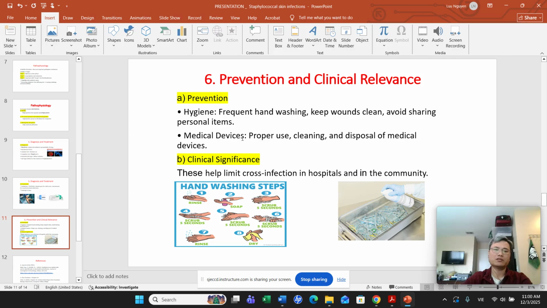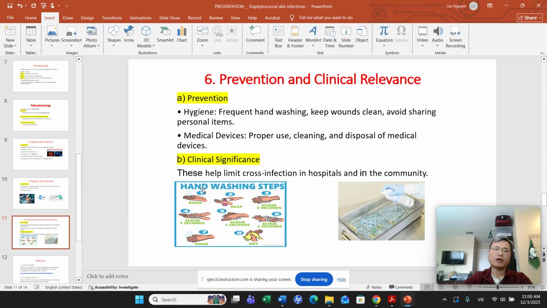With medical devices, we should ensure proper use, cleaning, and disposal of medical devices. So they have clinical significance. They help limit cross infection in hospitals and in our community.